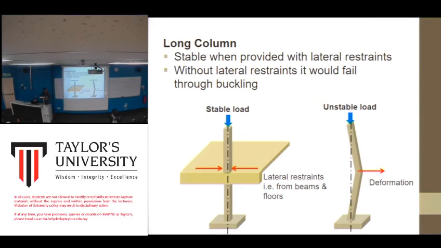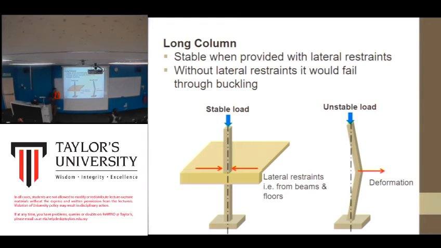Because in some cases, when you produce your design, you might want to do something like this, especially if you have curtain wall, or in certain buildings you want to have double volume, triple volume. In that case, you're going to need a long column from ground to the roof, right?